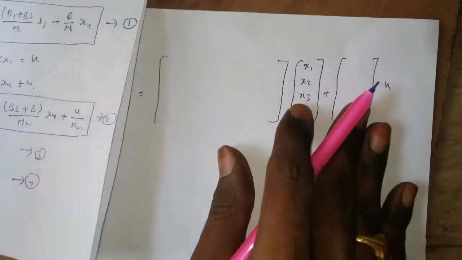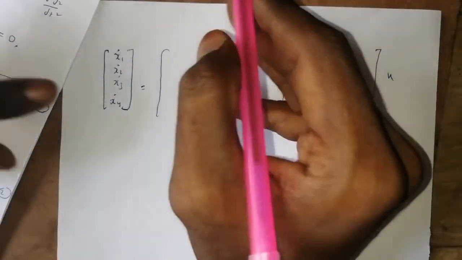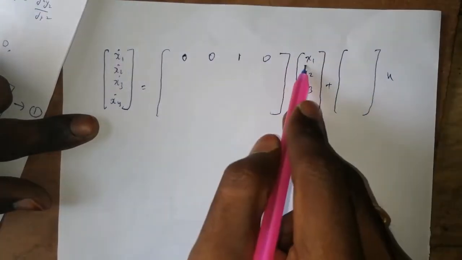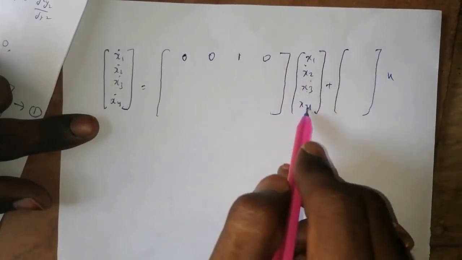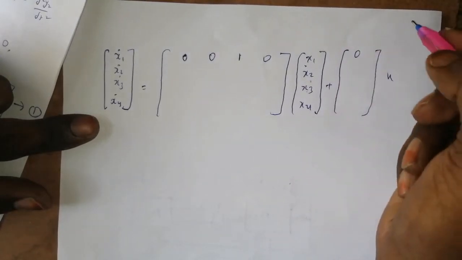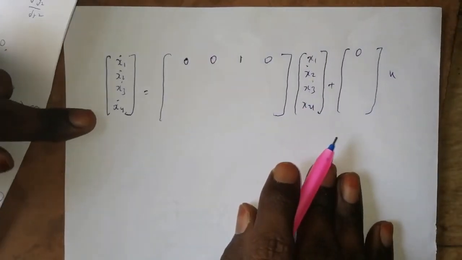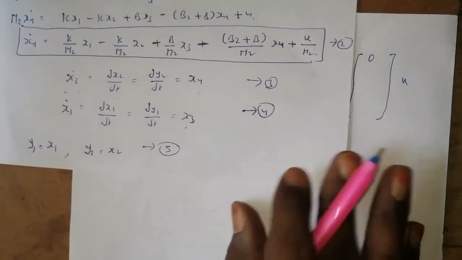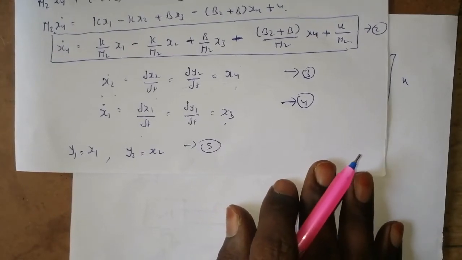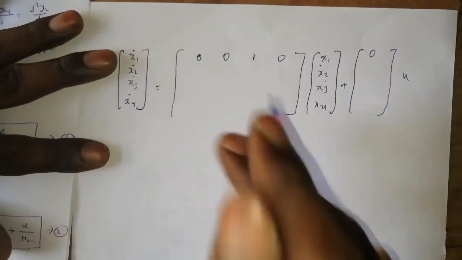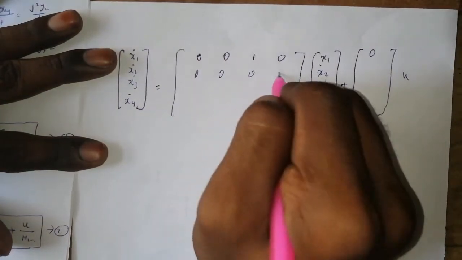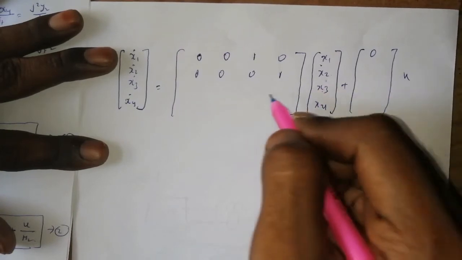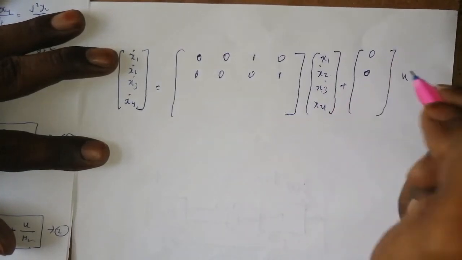So you will have 0 0 1 0: 0 into x1 plus 0 into x2 plus x3 plus 0, and there is no input, so it should be 0. So this is the equation for x1 dot. Similarly for x2 dot, we have x4, so you can write 0 0 0 1: 0 into x1, 0 into x2, 0 into x3 and 1 into x4. So you will get x4 and the input is 0.